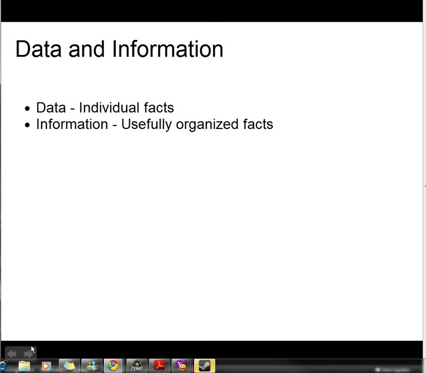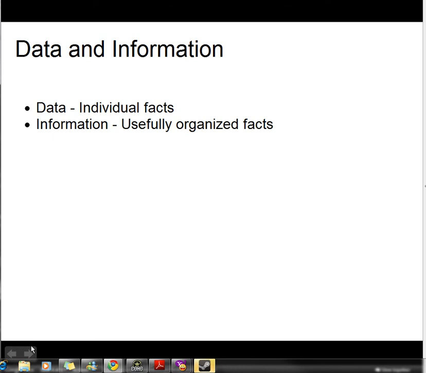Well, let's say, for example, you as a person, there's a lot of things that we could know about you, a lot of facts, like you might like pizza, you might wear a size 10 shoe, you might have red hair. There's all these different things. Also, you might go to school, you might have a certain GPA, you're taking certain classes, you're on financial aid, you have an address, you have a phone number. Okay? These are all just facts by themselves.